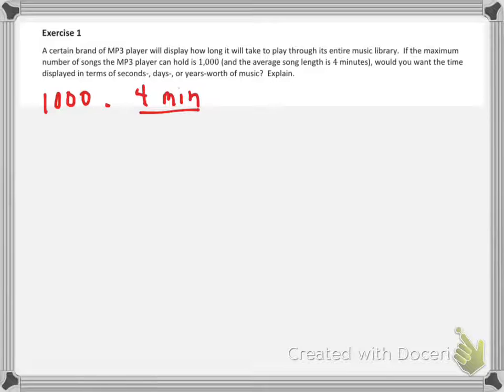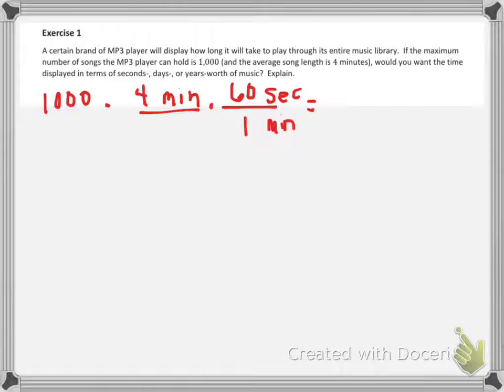All right, and the first one we'll do is we'll turn these into seconds. So in order to do that, I'm going to multiply by a conversion factor, which will turn my minutes into seconds. I just need to know how many seconds are in a minute, and I remember that there are 60 seconds in 1 minute. And then I can go ahead and multiply.